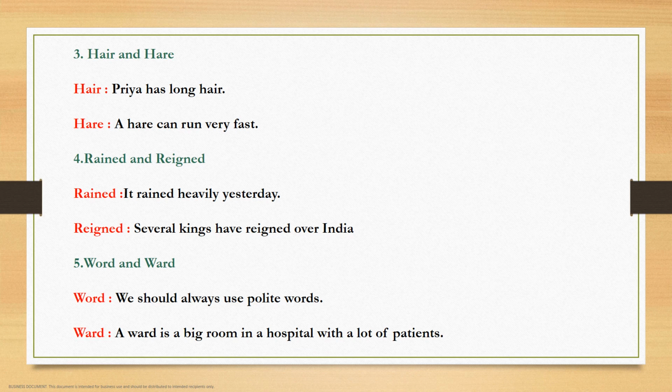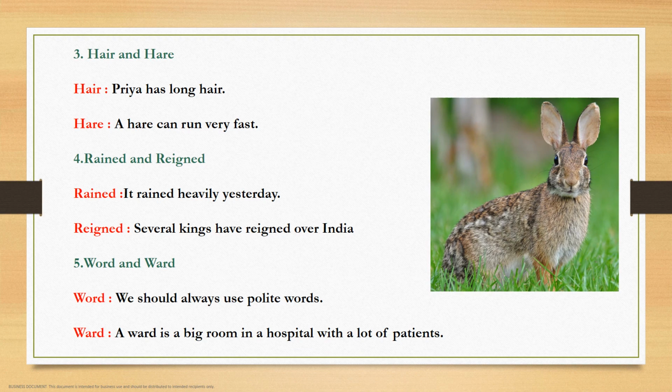Several kings have reigned over India, which means several kings have ruled India. Okay, I hope the meaning is clear to you and the difference between R-A-I-N-E-D, rained, and R-E-I-G-N-E-D, reigned, is clear. So they both make similar sounds, but they have completely different meanings.